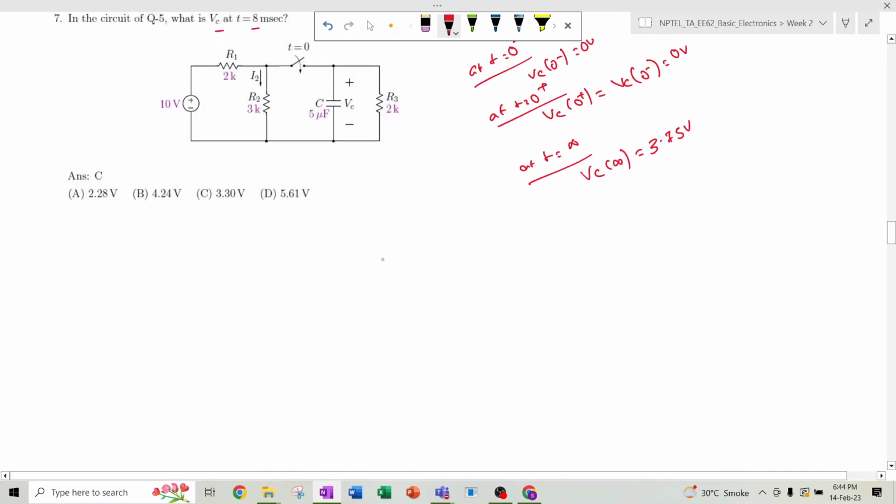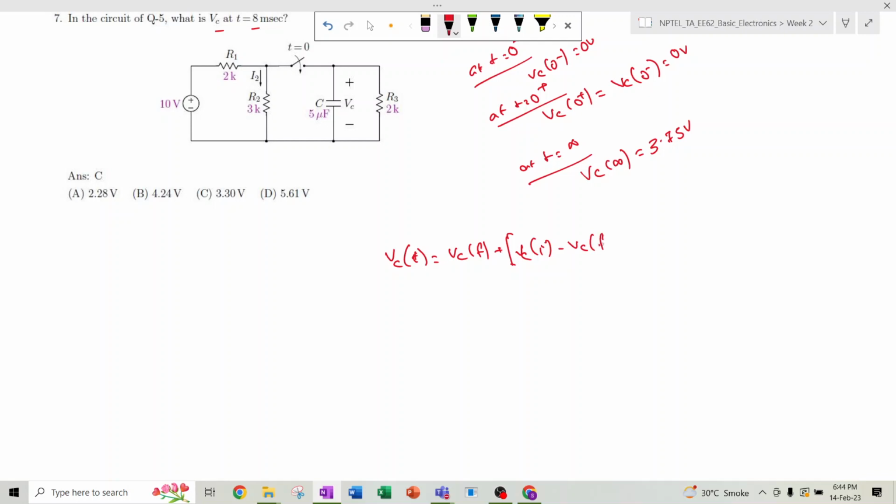As I have already discussed, at any point of time the Vc(t) will be Vc final plus (Vc initial minus Vc final) into e to the power minus t by tau.